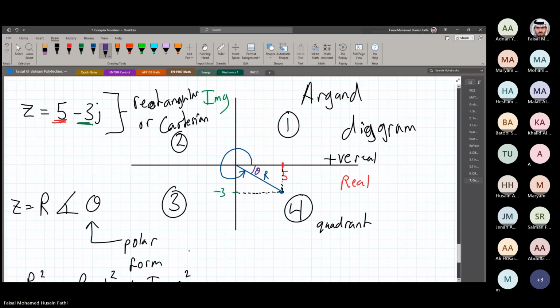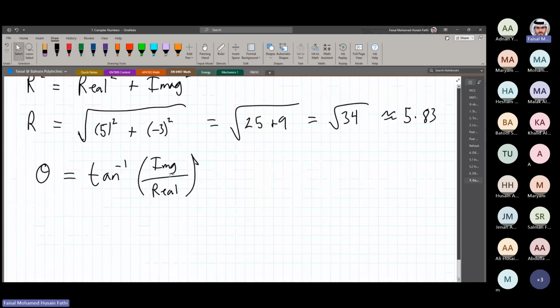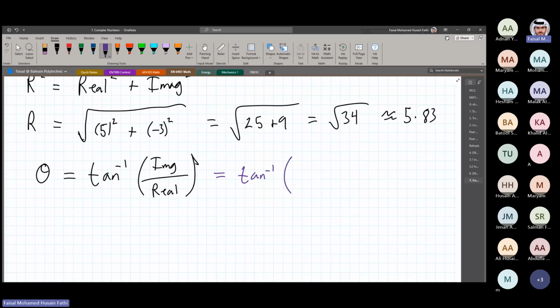Okay? You need to logically look at it to figure out from the x-axis what the actual value of theta is, and we will see that in practice now. But tan inverse of imaginary over real, or in this case it's equal to the tan inverse of, with the sign, imaginary is minus 3 over real is 5.